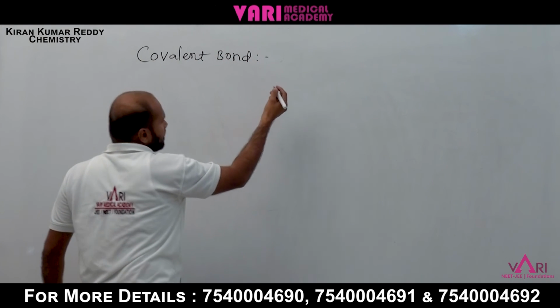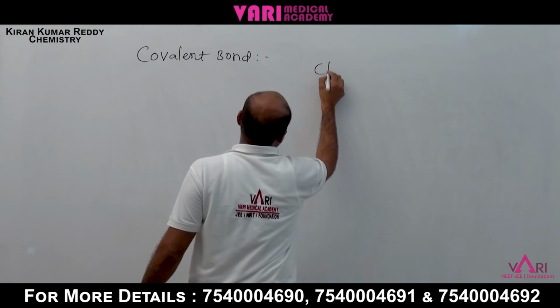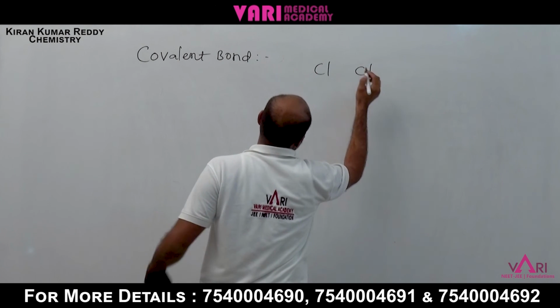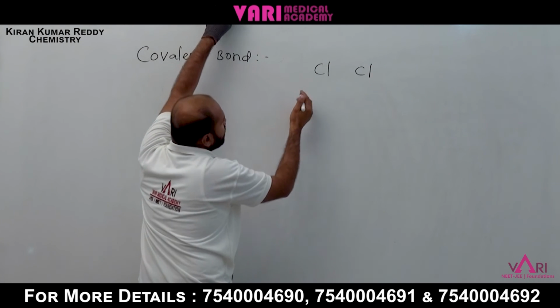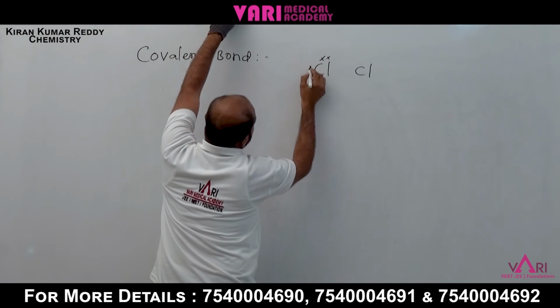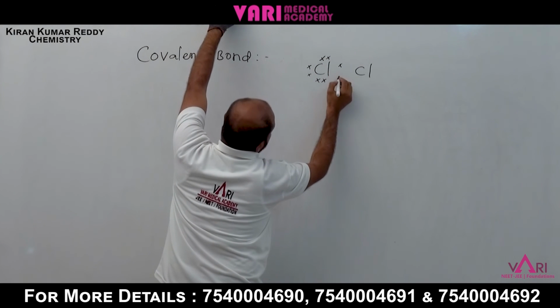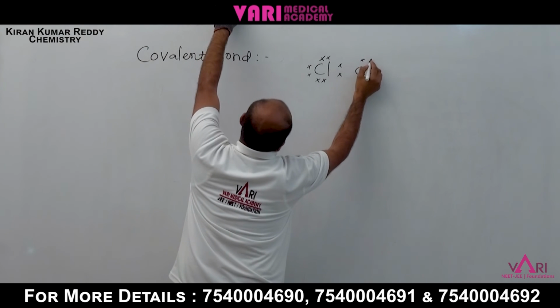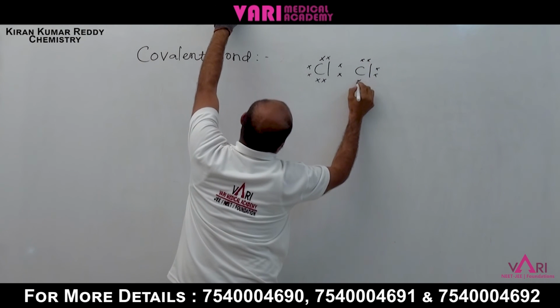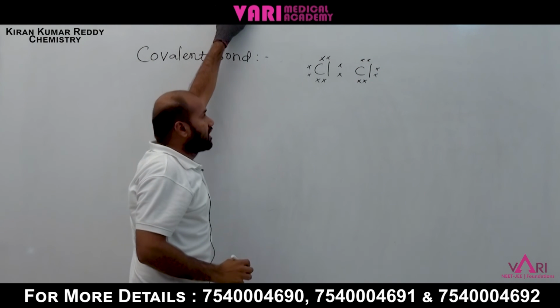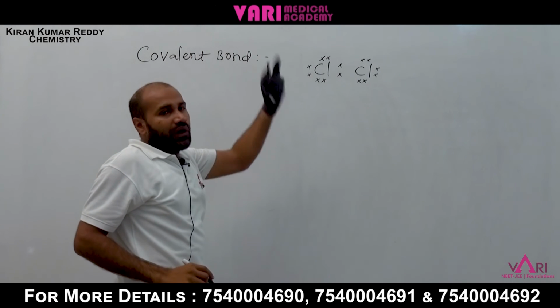Here I am taking chlorine, one atom, and here another chlorine. Seventh group elements have 1, 2, 3, 4, 5, 6 electrons, and here is one electron from this chlorine. Here also 1, 2, 3, 4, 5, 6. Now what is a covalent bond?